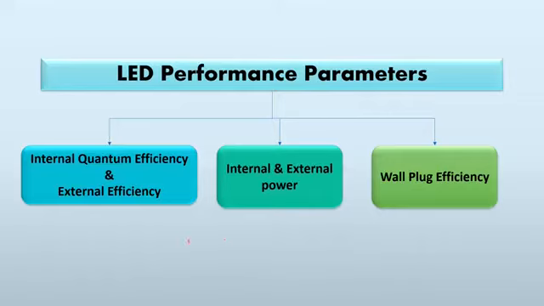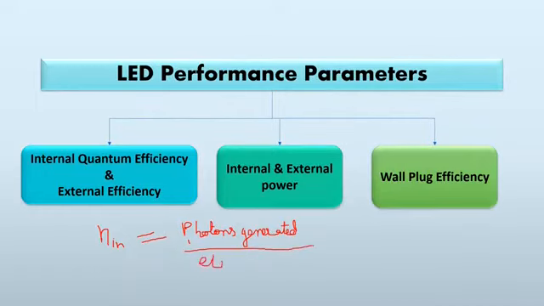That means internal quantum efficiency is the number of photons generated inside the device, divided by the number of electrons injected.